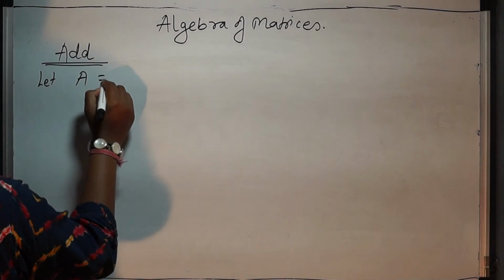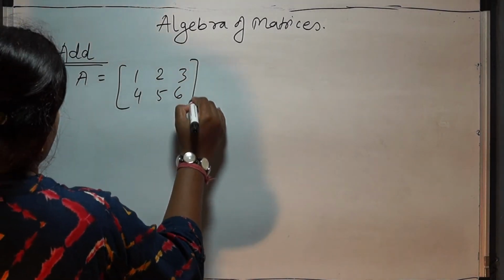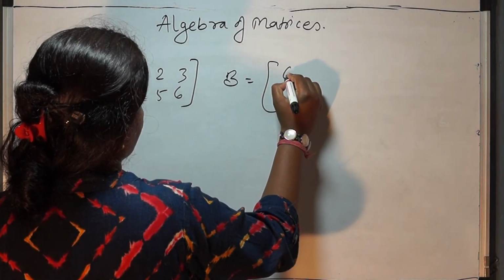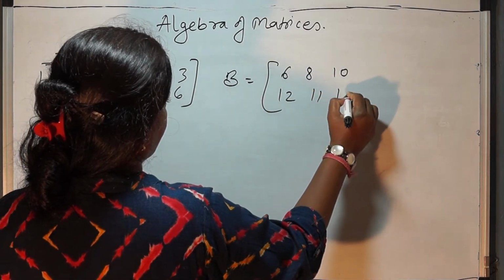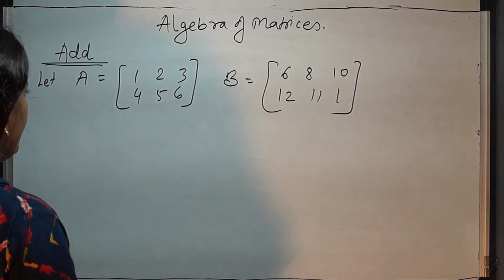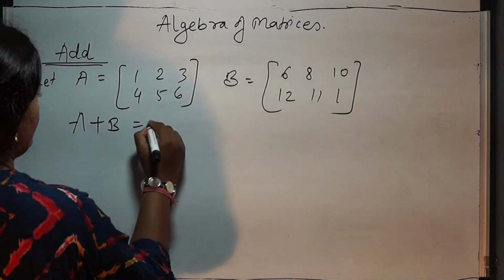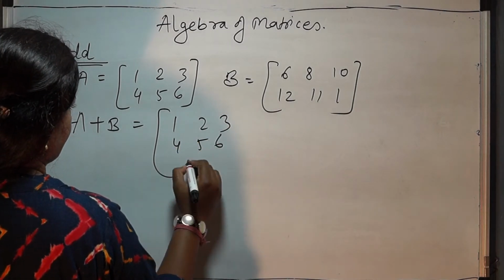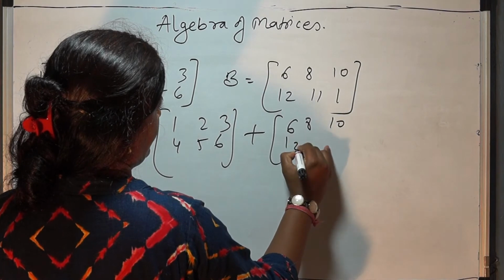Let A be equal to 1 2 3 4 5 6 and B be equal to 6 8 10 12 11 1. So we have to find A plus B. What we will do, just write it plus 6 8 10 12 11 1.